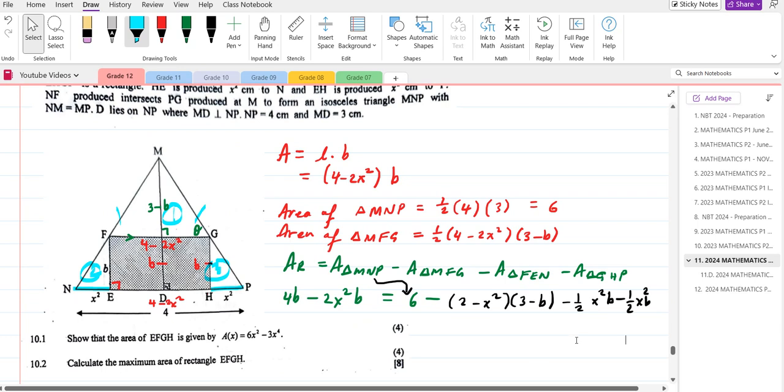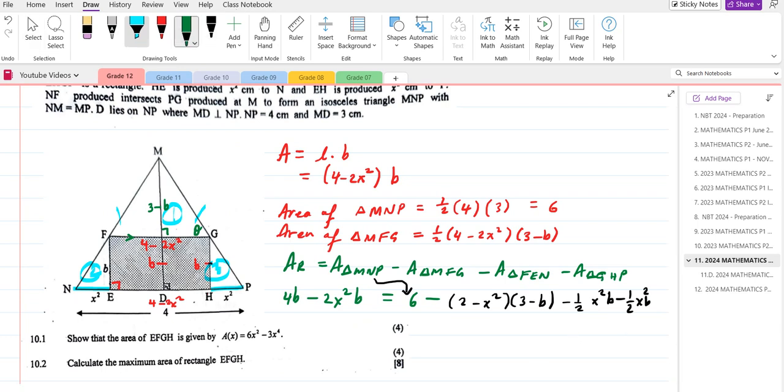Alright, now continuing to solve this, we got 4b minus 2x squared b is equal to 6 minus 2 times 3 is 6, 2 times minus b is minus 2b, minus 3x squared plus bx squared. So 6 minus 2b minus 3x squared plus bx squared, minus half is minus 1x squared b.